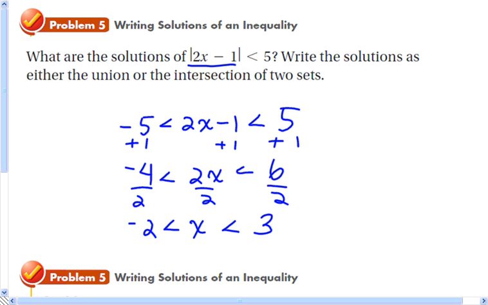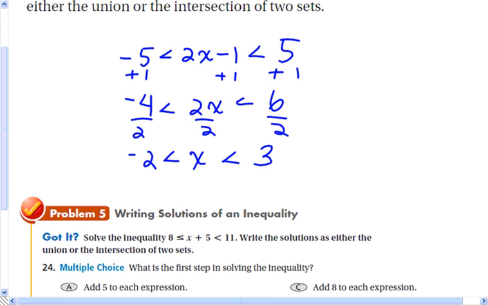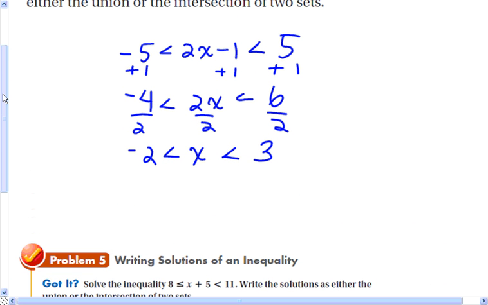Now we were supposed to write that as the intersection of 2 sets. So what we have here is all numbers that are greater than negative 2 and at the same time less than 3. So we're going to use set builder notation.